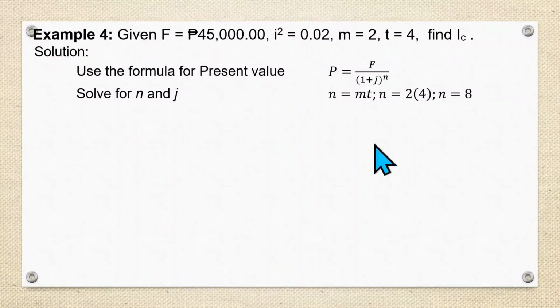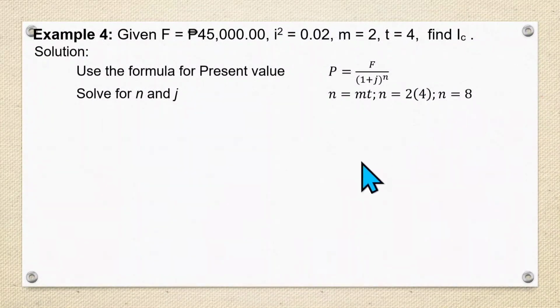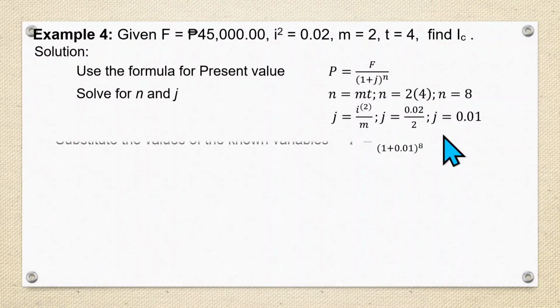So first, same with example number 3, we're going to solve for the n and the j. So n is equals to m times t, which is the m is 2 and then t is 4. So 2 times 4, n is equals to 8. And the j is i2 divided by the m. So 0.02 divided by m, which is 2. And then we will have the j is equals to 0.01.